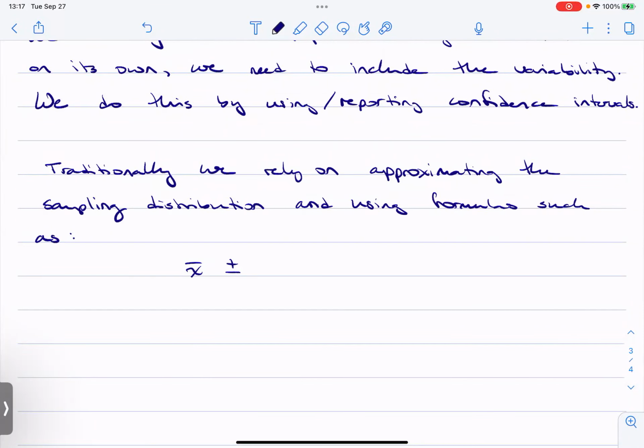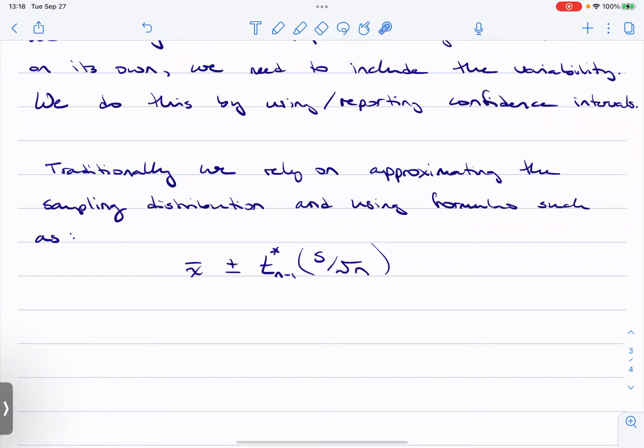But then what we did in Stat 230, for example, was we said, okay, I'm gonna need a critical value, which in this case has to be a t with n minus 1 degrees of freedom. So usually we just jot it down as a subscript, times s over root n, which is the estimate of the standard error of x bar.